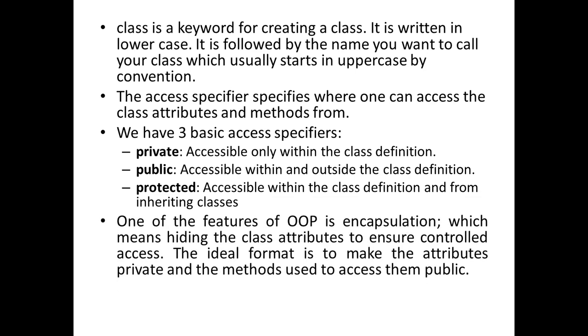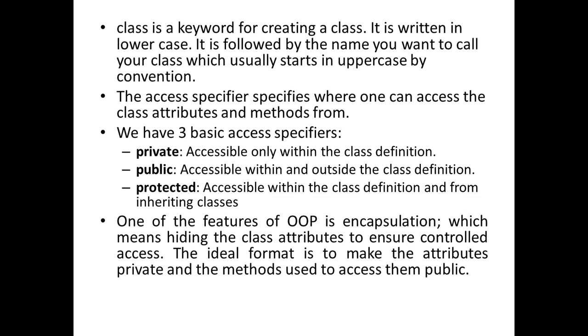One of the features of object-oriented programming is encapsulation, which means hiding the class attributes to ensure controlled access. When you encapsulate something, that means you are hiding the thing. So by convention, it is usually good to hide the attributes so that people cannot change them the way you don't want them to be changed.